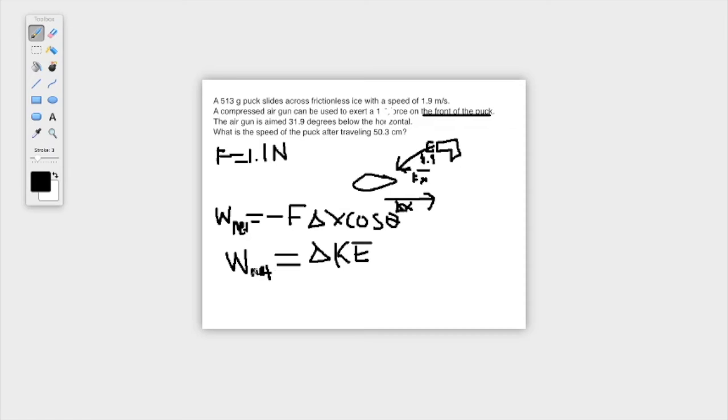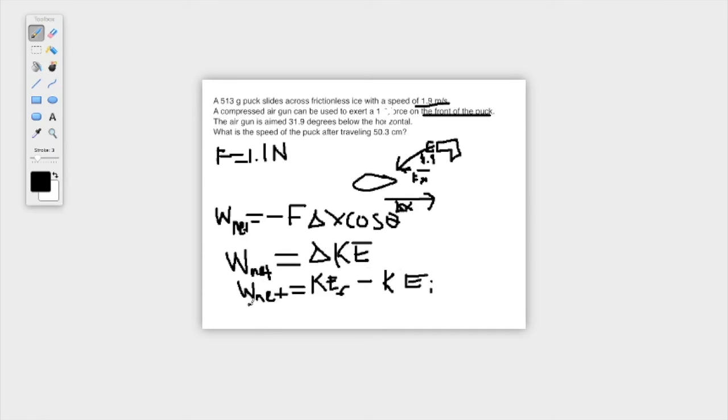We can rewrite this as kinetic energy initial and kinetic energy final, since it has an initial speed of 1.9. So W net equals KE F minus KE I, and these both can be rewritten.